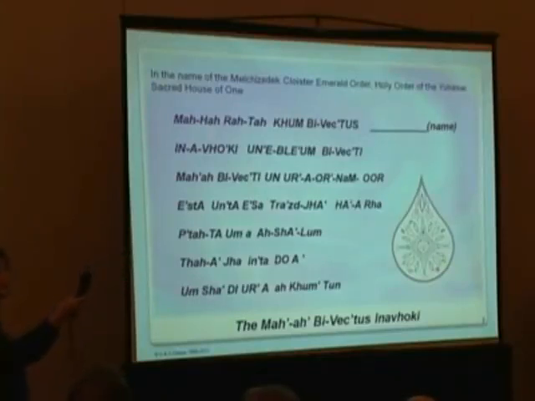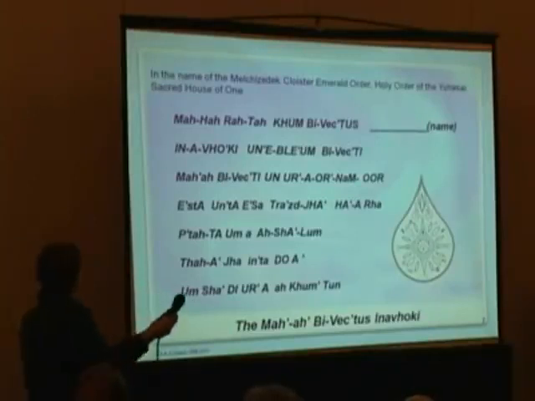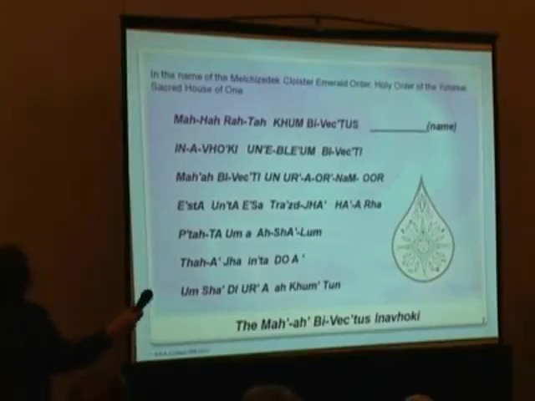Holy Order of the Unicized Sacred House of One. Maharata Kumbai Vectus. In ego kai uniblium by vectai. Maha by vectai unure unamur. Iste unte isa trasha hehera.